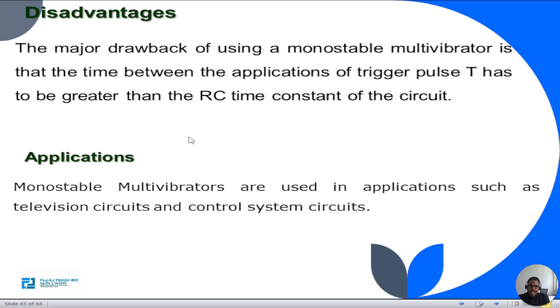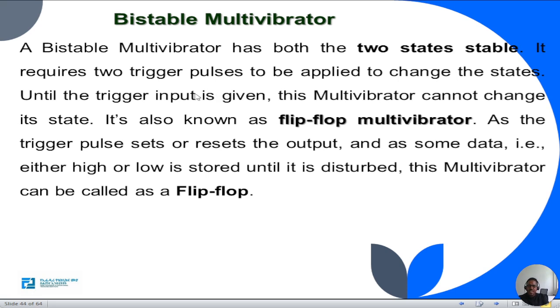Let's see the third type of multivibrator, the bistable multivibrator. A bistable multivibrator has both the two states stable. It requires two trigger pulses to be applied to change the state. Until the trigger input is given, this multivibrator cannot change its state.